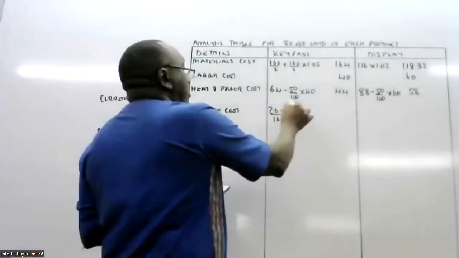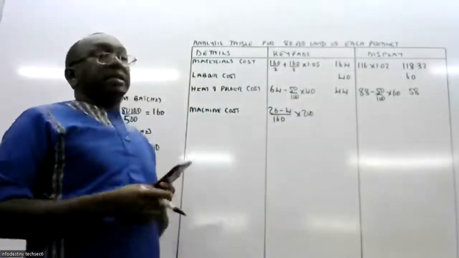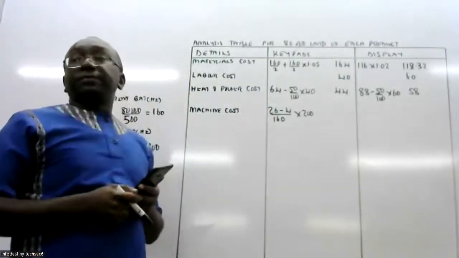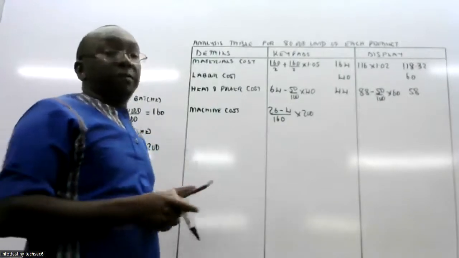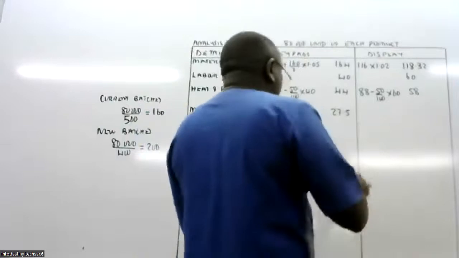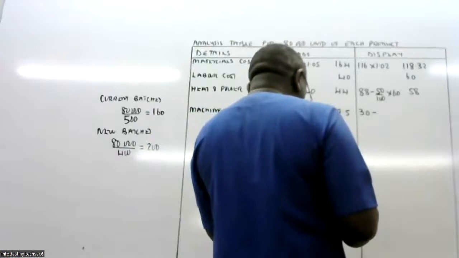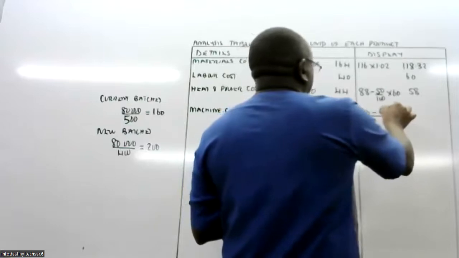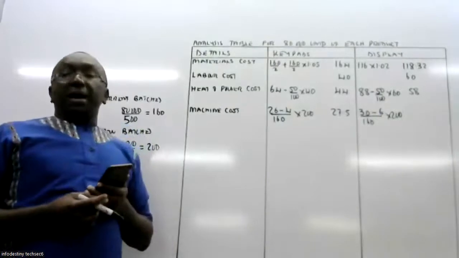Then you multiply by the new number of batches, which are 200. That will give us what? 27.5. Coming to this other one, it is 30. You minus the current fixed one, which is 6. You divide by 160, multiplied by 200, the new number of batches.